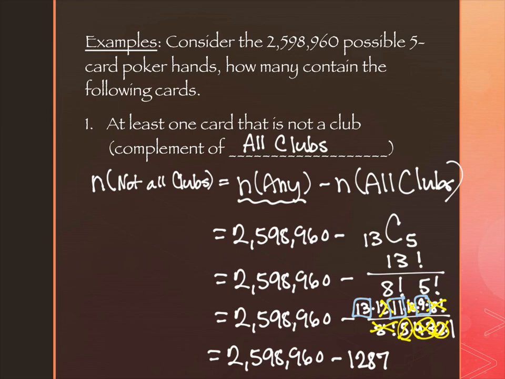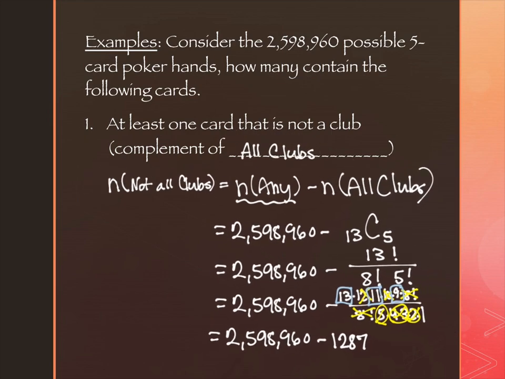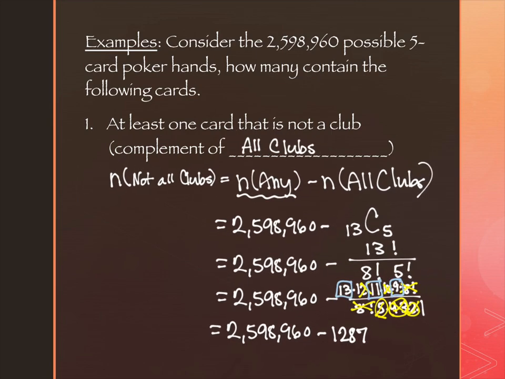It's the same number I got before when I did all diamonds. And if I subtract these, how many 5-card hands are going to have at least one that's not a club? 2,597,673. The answer is most of them, right? That's pretty good odds you're going to get not all clubs, right?